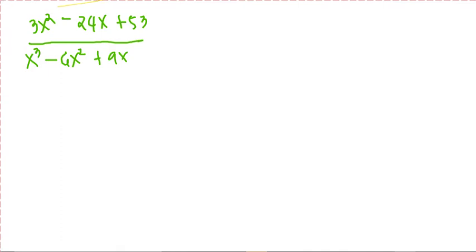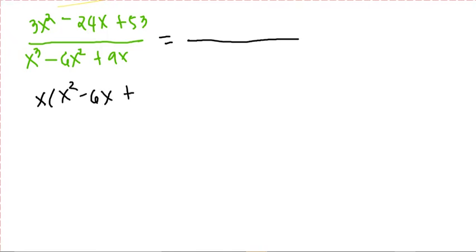So, that is our denominator. We need to factor our denominator first before we proceed to the process of partial fraction. So, in our denominator, x first, we have x squared minus 6x plus 9. So, our denominator will be x multiplied by x minus 3 squared.